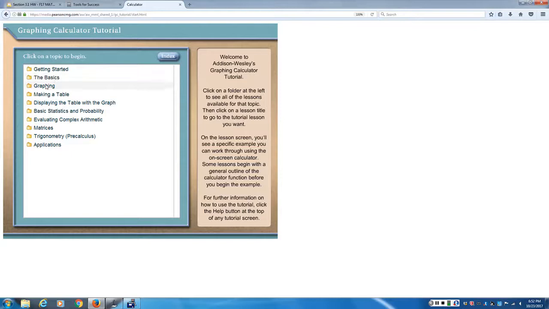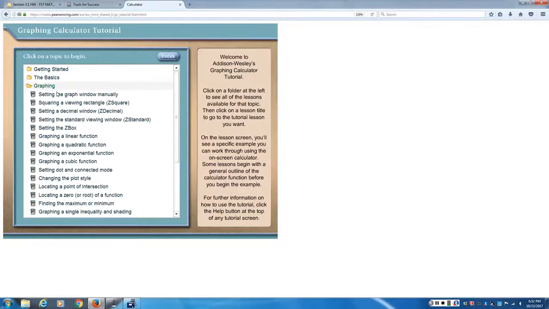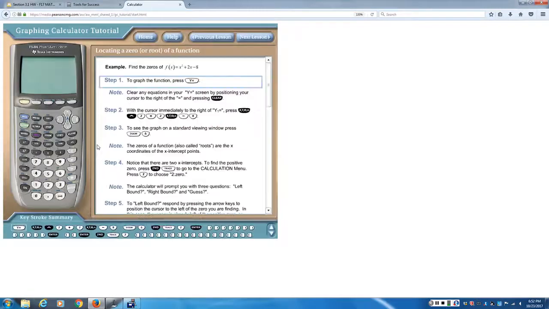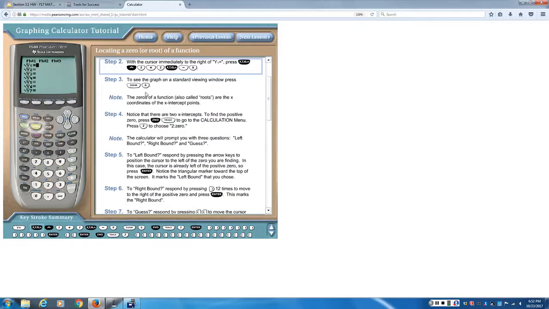You can go to the basics for graphing, and it'll show you all kinds of information that'll help you with finding things, like what I showed you about finding the 0 or the x-intercept. It tells you how right there. And the good thing is it walks you through what you're going to do.